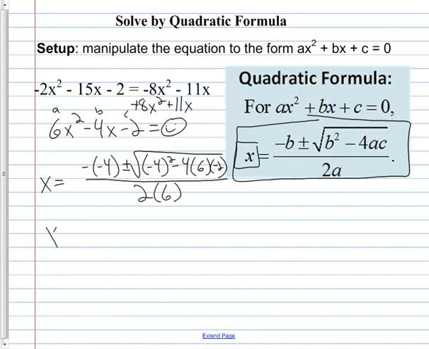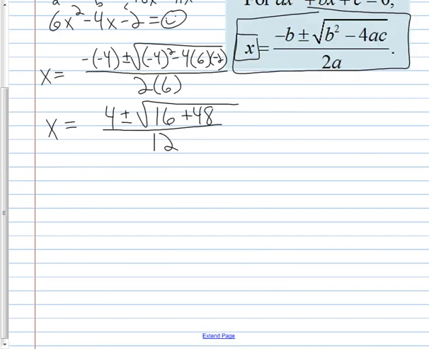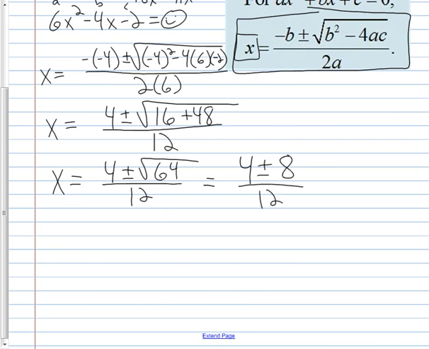So x equals 4 plus or minus the square root of 16 plus 48, all over 12. We can keep going. So x equals 4 plus or minus the square root of 64 over 12. Well, that's nice. So this is 4 plus or minus 8 over 12.